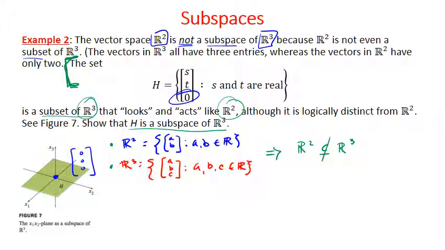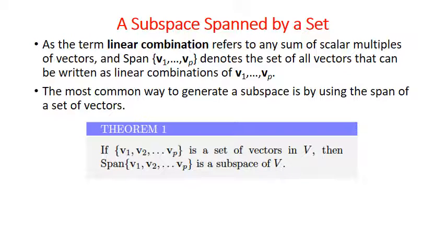Go ahead and rewind that and go through it again if needed. The term linear combination refers to any sum of scalar multiples of vectors, and the span denotes the set of all vectors that can be written as a linear combination. So the most common way to generate a subspace is by using the span of a set of vectors. And this brings us to Theorem 1.